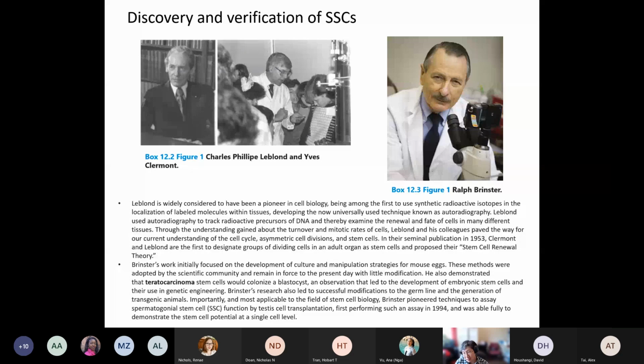He's one of the scientists who was missed, but whose contribution is extremely important. And he was the first one to do spermatogonial stem cell transplantation, and he was able to show the single cell origin of sperm. Basically, he transplanted from one animal to the other and then showed the reproductive cells are derived from a single cell.